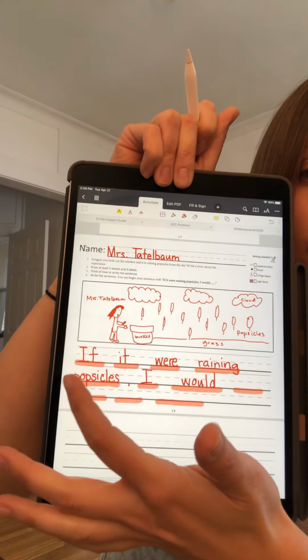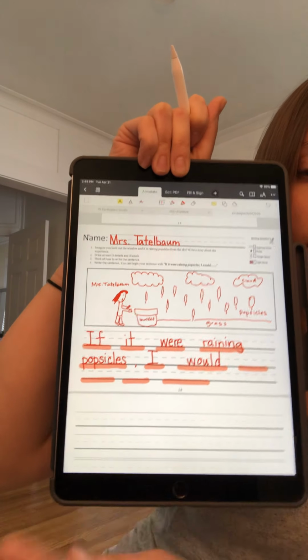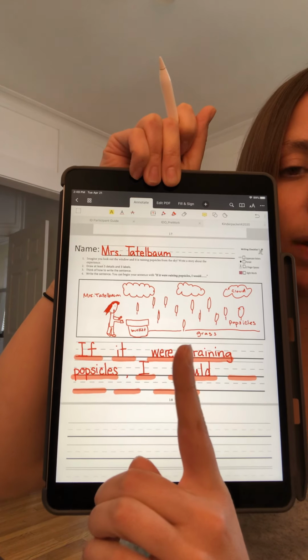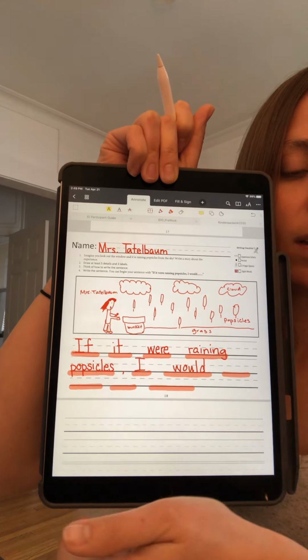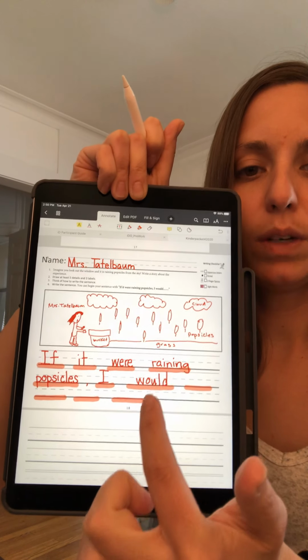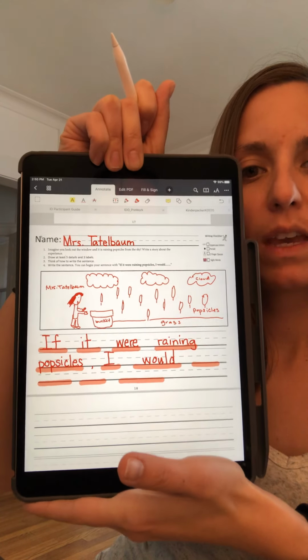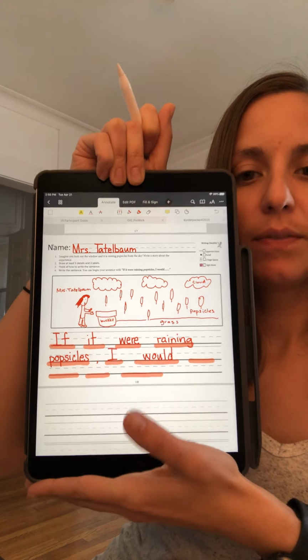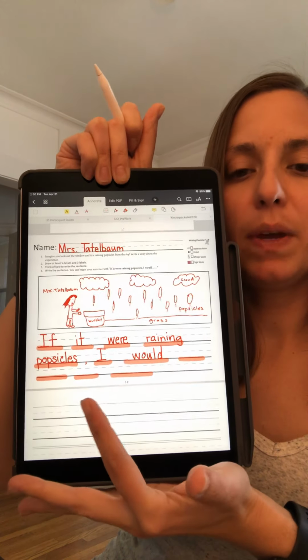Make sure you start your sentence with a capital letter. You notice I have my finger spaces between my words. I use lowercase letters when I'm in the middle of a word. If it were raining popsicles, I would get a big bucket.